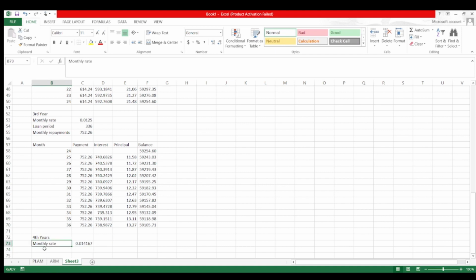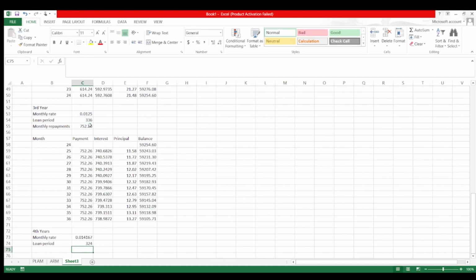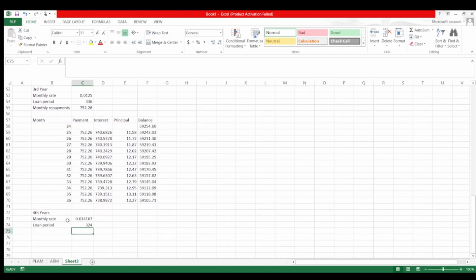Then we have the loan period, which is remaining. So in this case, it's 336 less 12, which is 324 more months remaining.